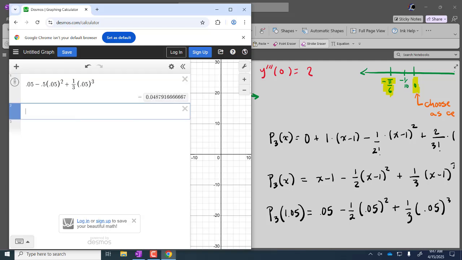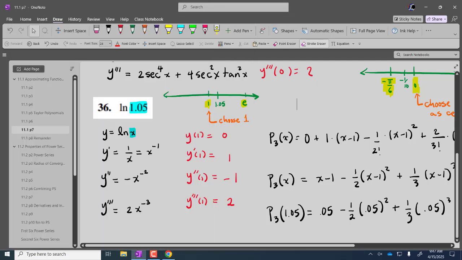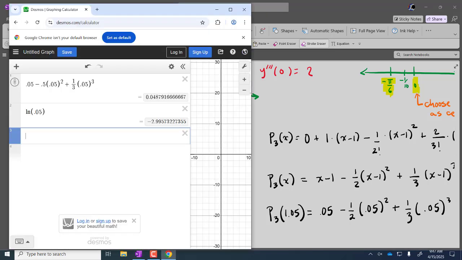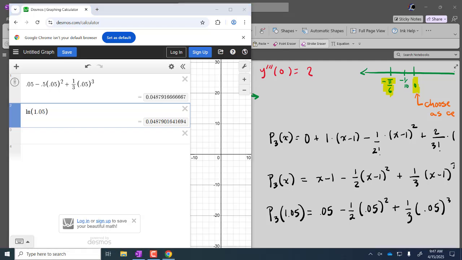So there is the approximation, and the actual value is, or I say the actual value, but of course this is just an approximation also. I plugged in something wrong. Oh, 1.05. So there we have it.